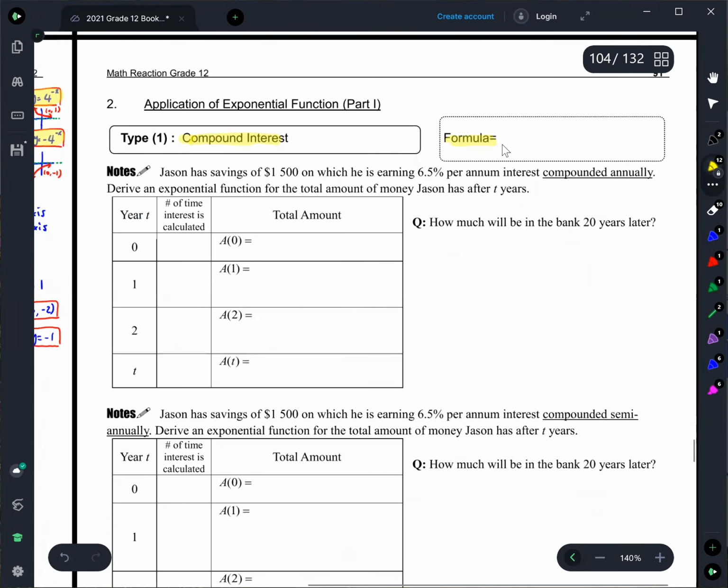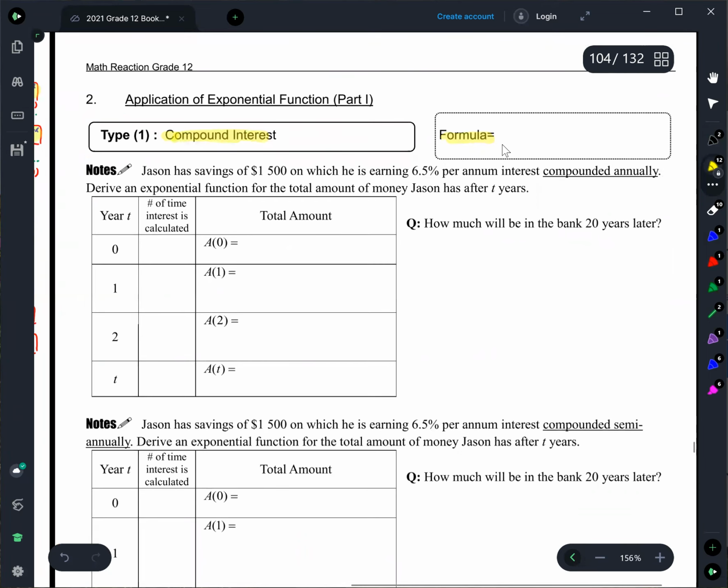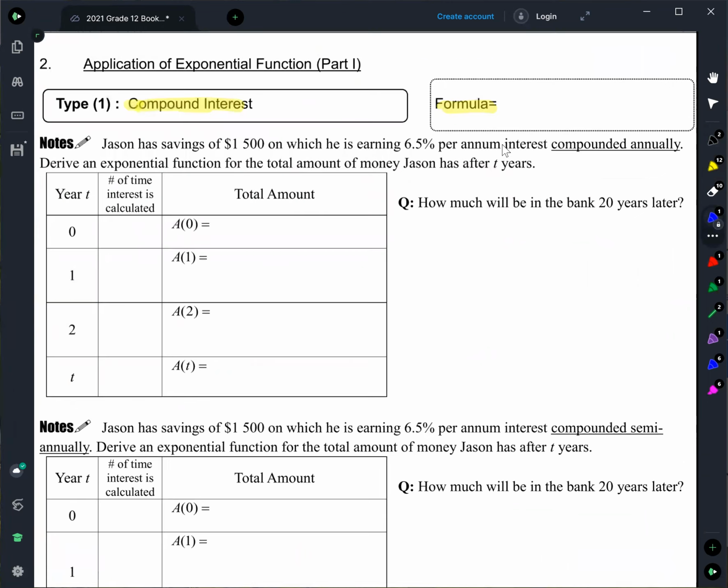When you have money that is increasing with compound interest, there's an exponent involved. So we'll just show quickly how the formula is derived. Suppose Jason has savings of 1,500, on which he is earning 6.5% per annum interest. Annum means year, so each year you get 6.5% more, compounded annually.